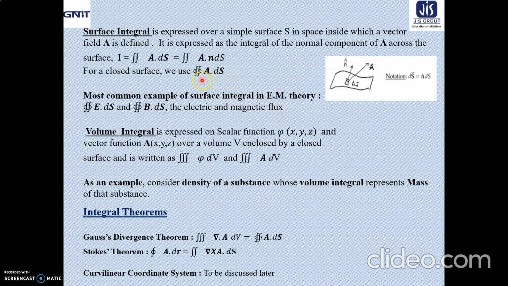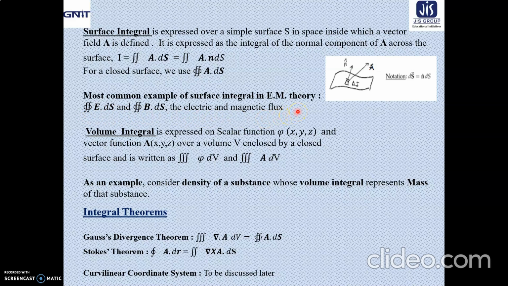Actually, A dot dS represents the flux of the vector field A. In place of A, we are considering specifically the electric field and the magnetic field. So E dot dS and B dot dS represent the electric and magnetic flux, which we will study in detail in electromagnetic theory.